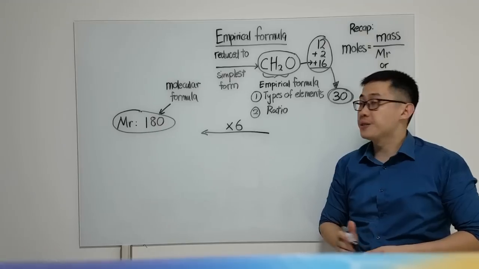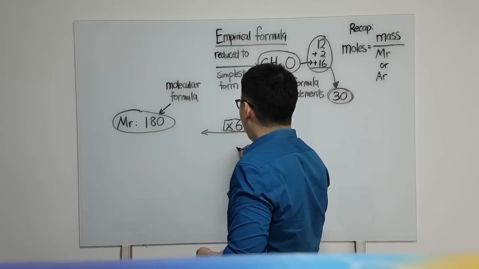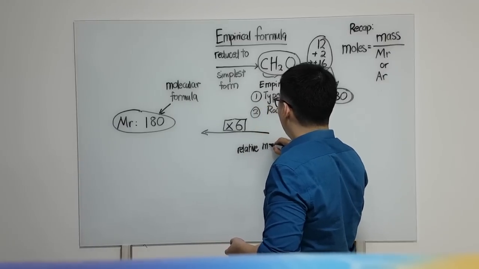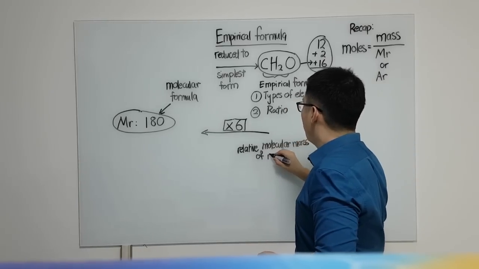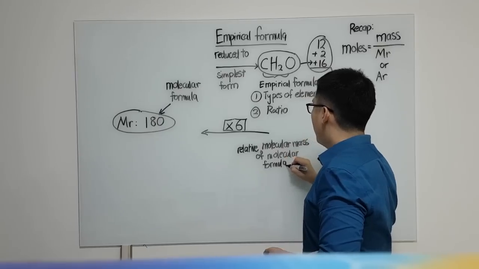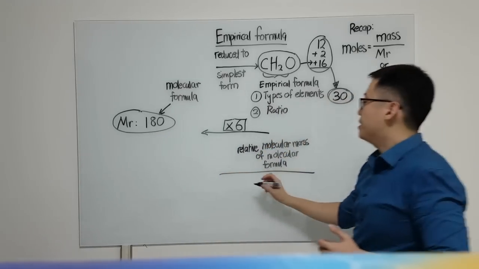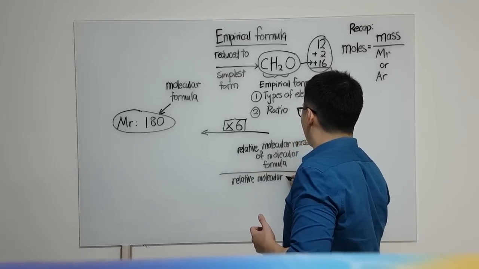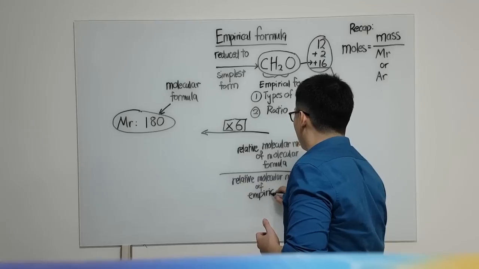How do I get this 6? This 6 is obtained when I take the relative molecular mass of the molecular formula and I divide this whole thing by the relative molecular mass of my empirical formula.